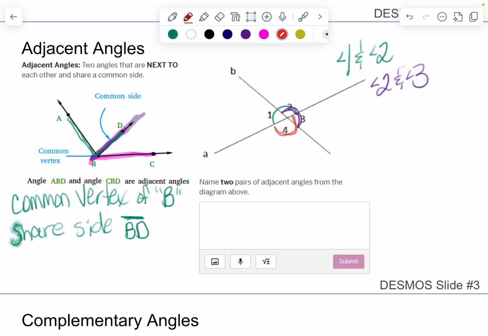Angle 3 and angle 4. And angle 1 and angle 4. Those are all adjacent angles.